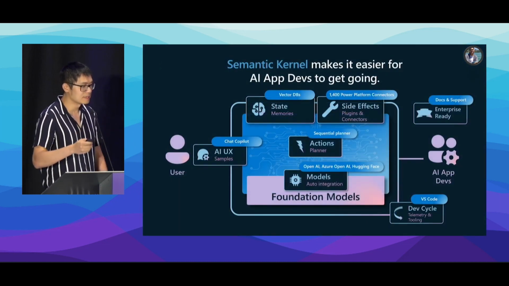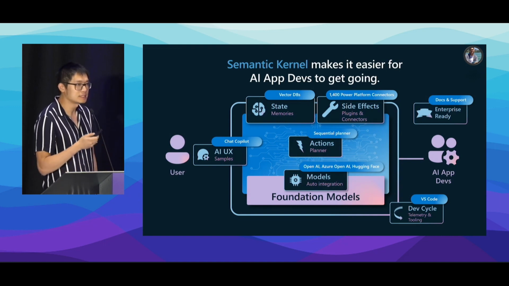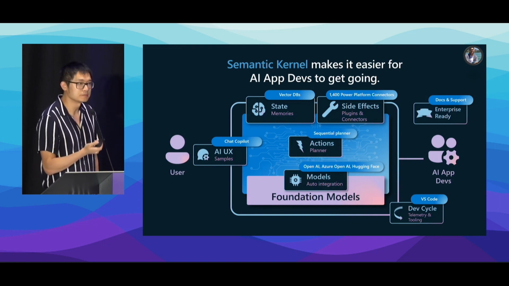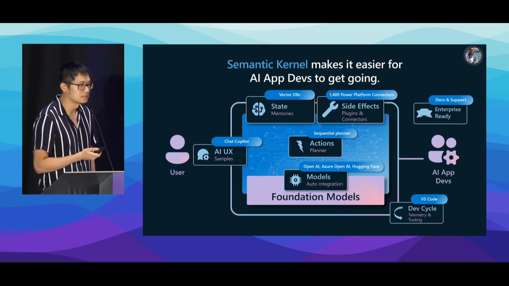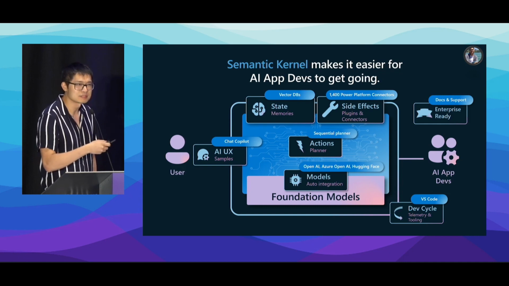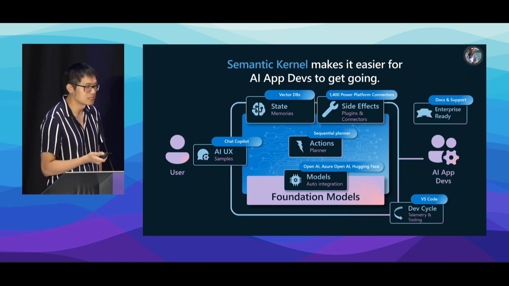So in one picture also, the Semantic Kernel is ultimately addressed to app developers. And Microsoft is all about empowering not only the experts, the data scientists and the ML researchers of the world, but also the hobbyists or the people whose job it is to build an enterprise application.